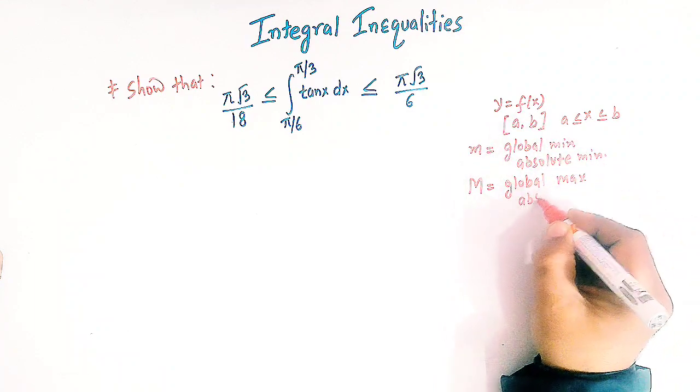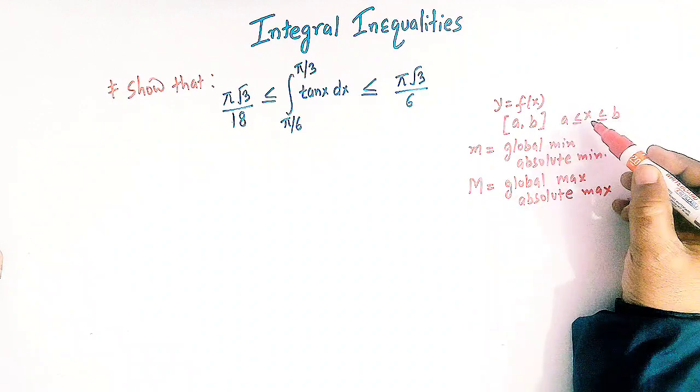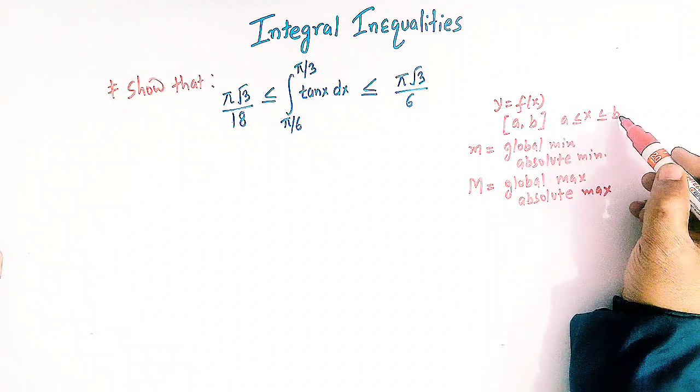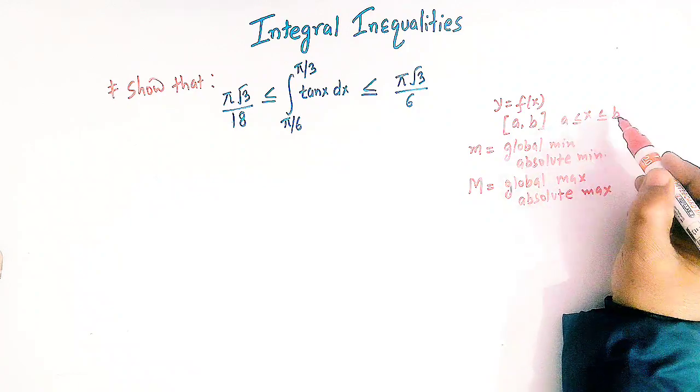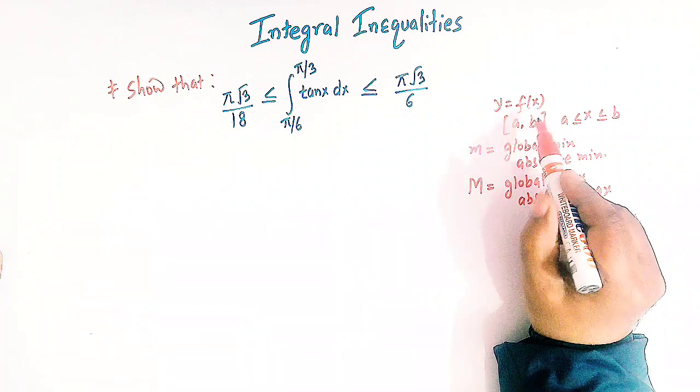It means it is the absolute maximum, right? So we'll confine ourselves to the limits from a to b, including a and b.